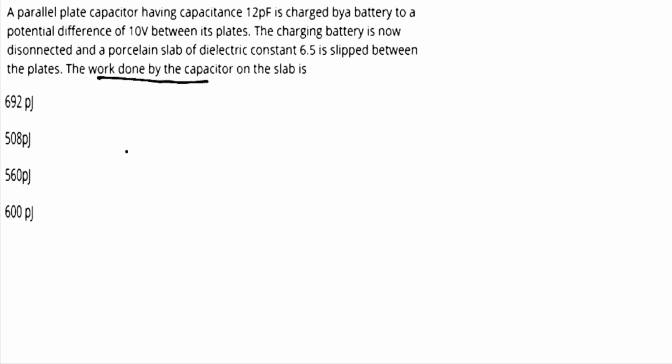Okay, so work done in this case will be the energy initial minus energy final. So we have to calculate this one.